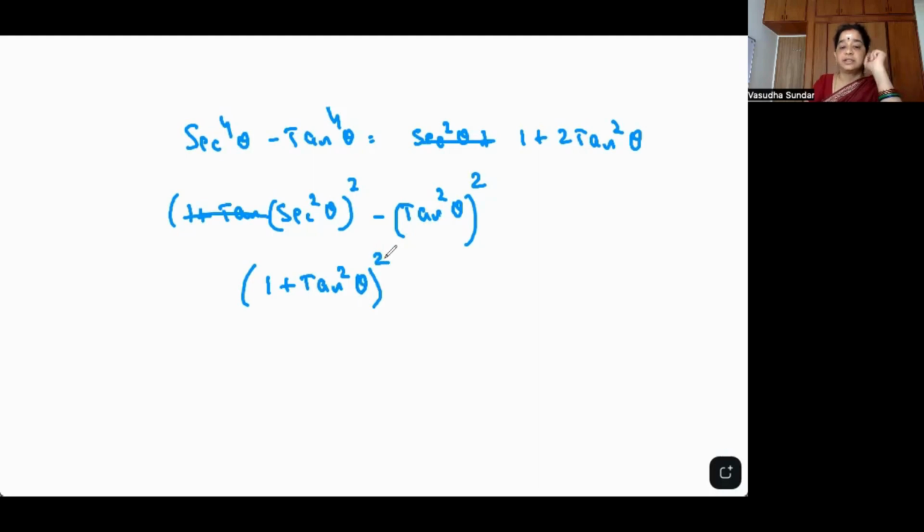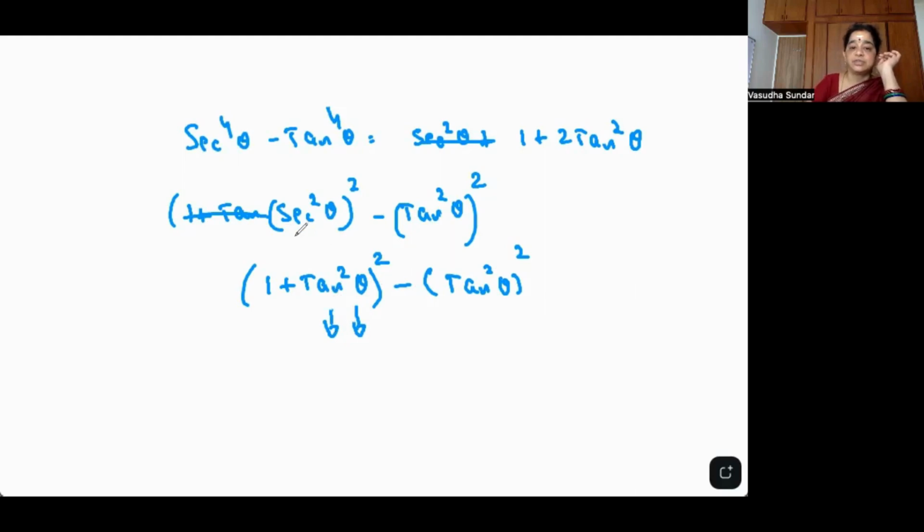This also you can do where you have tan square theta the whole square. So you expand this as a plus b whole square and then you cancel out this tan power 4 theta with whatever tan power 4 theta you get here and you'll get 1 plus 2 tan square theta.